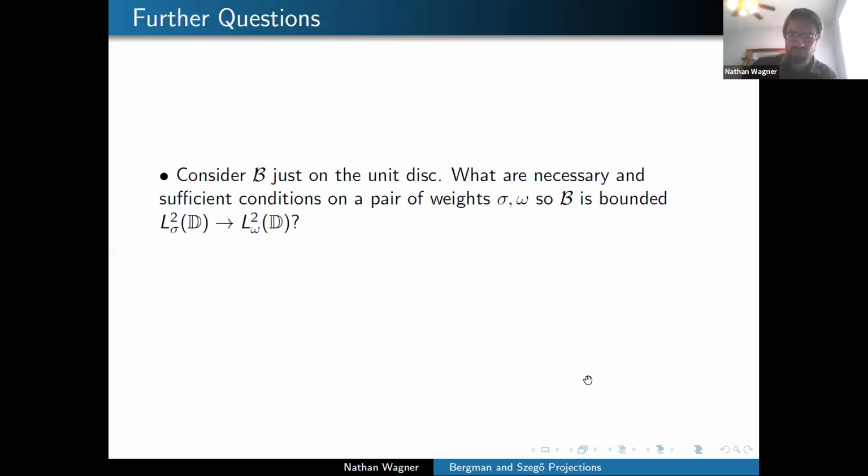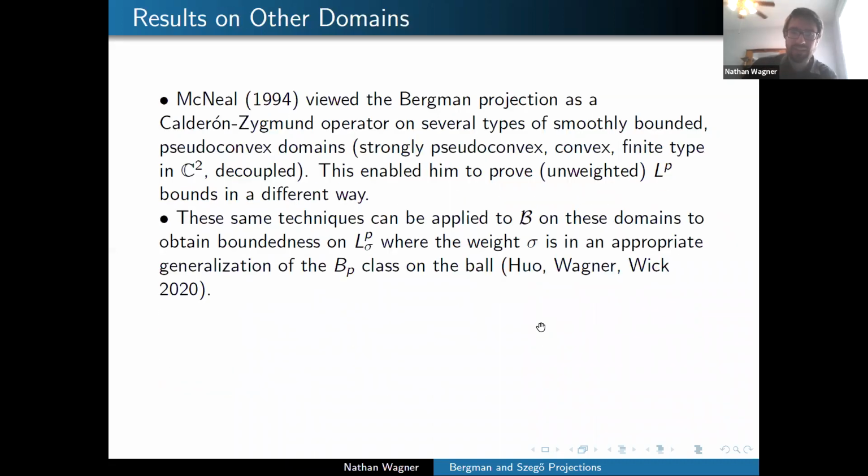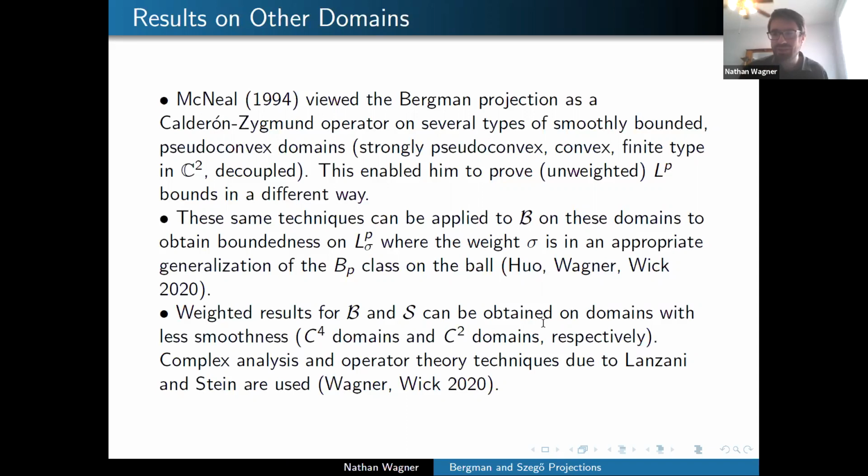I'll also mention, I didn't write this on the slide, but Cody Stockdale, who I think is attending the talk, he's a postdoc at Clemson. He and I have worked on this specifically for weak type estimates. An operator like the Bergman projection is in general not going to be bounded on L^1, but it does satisfy a replacement inequality.